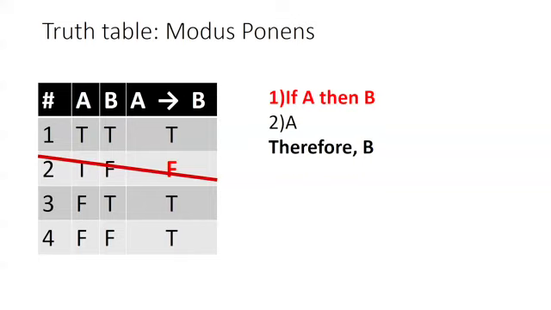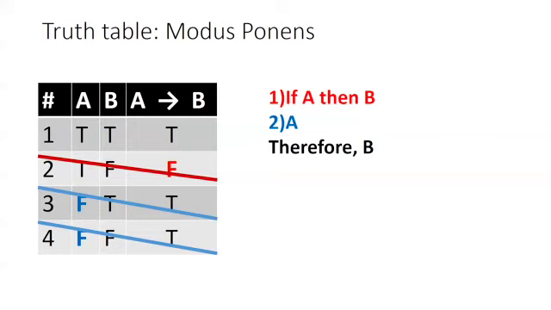Okay? All right. Now, the next premise is A. And that means that if that premise is true, we will eliminate the scenario in which A is false. And those are 3 and 4. So since A is true, we know that scenario 3 and 4 are not the case, which leaves us with only one possible scenario, right?